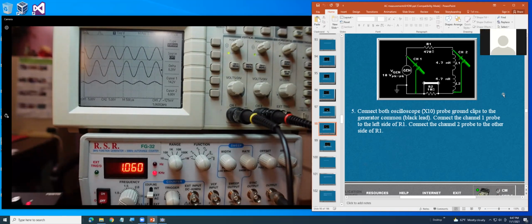Is there another option besides using the cursor where the math will display the value? If on the measure screen, is there an option to change the screen type? I don't think so. On this scope, if you press the measure, I don't know.